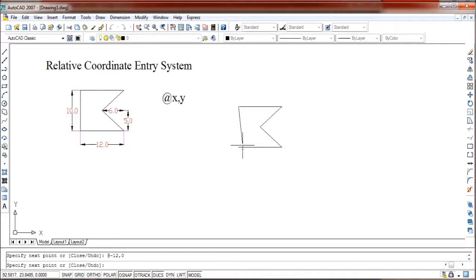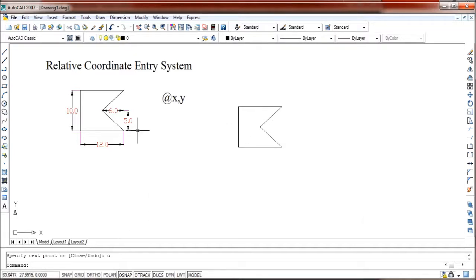This is the reference point for my next point. At this point, since I am left with one dimension on one side, I can simply use the close command. If you look at the command line, it says specify next point or close or undo. So to use close, I have to type the first letter of that command, C, then press enter.